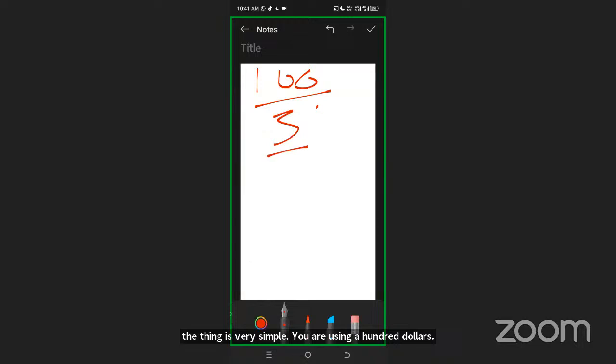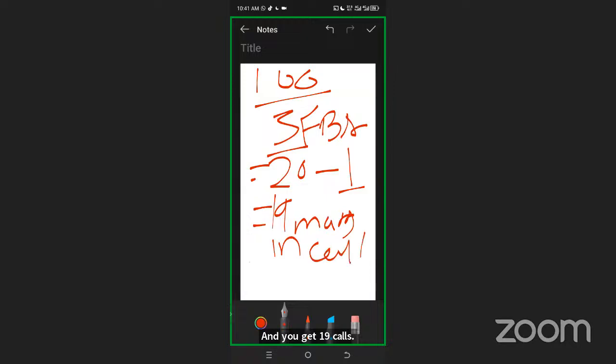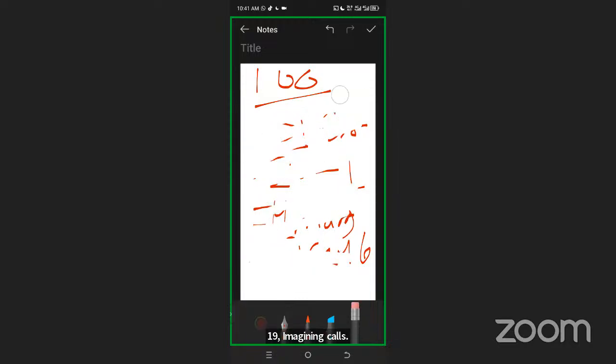If 5 is your first buying amount, then you are going to get 20. 20 minus 1, because 1 is the first time the robot will buy, and you get 19 margin calls. That is done and dusted.